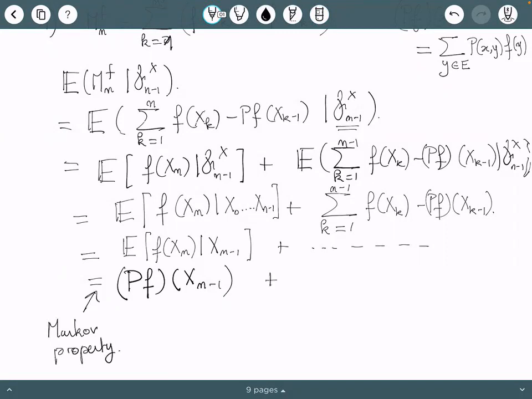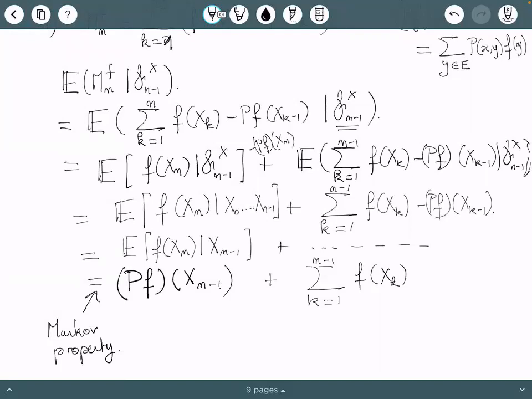Plus the sum from k equal 1 to this one of f of xk. Wait, there's some guy which is missing here, no? Oh, sorry, I forgot some guy. Yes, here there is minus Pf of xn that I forgot.